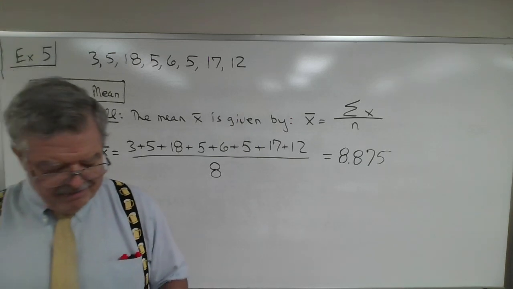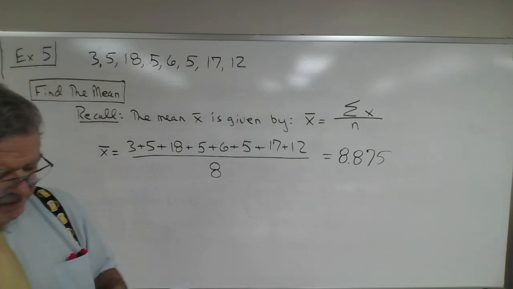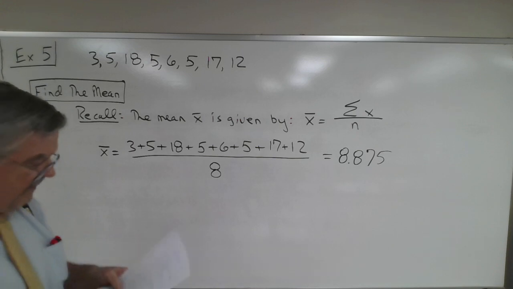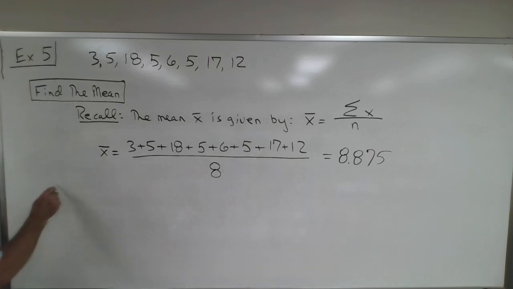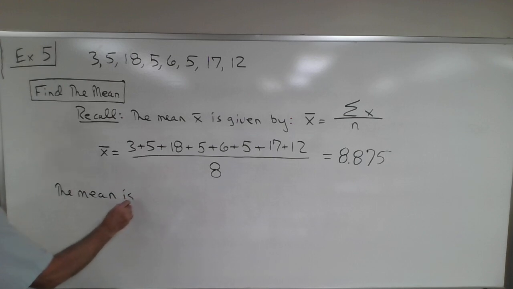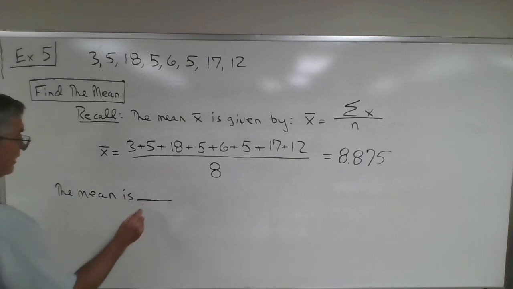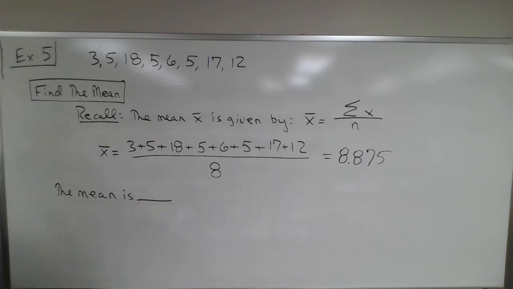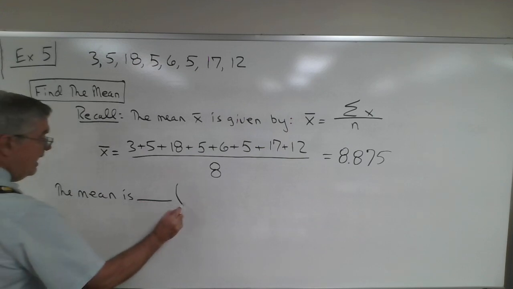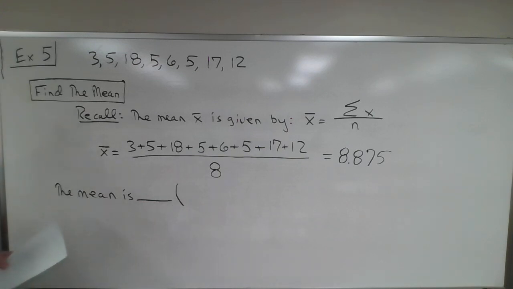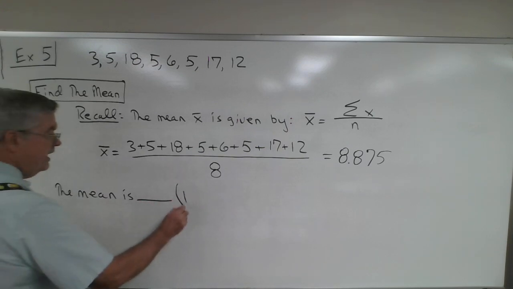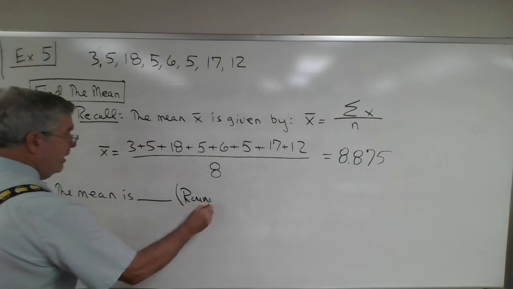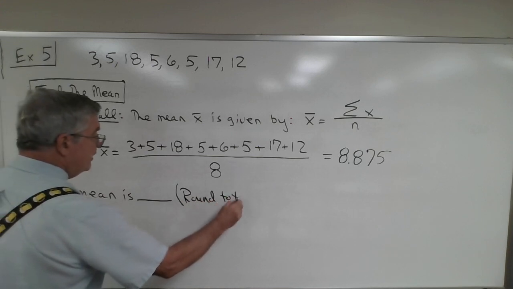And now they're going to give me a choice. It says, the mean is, and there's a blank where we put our answer. And then after that, it says round to the nearest tenth as needed.